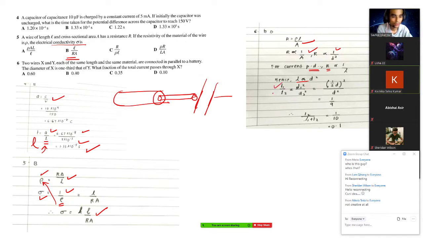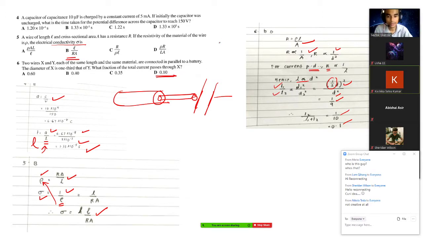So I1 over I2 is 1 over 9, since the diameter ratio is 1 over 3. So I1 over I1 plus I2 equals 1 over 10, which is 0.1. So this is D. This is correct, it's 0.1.